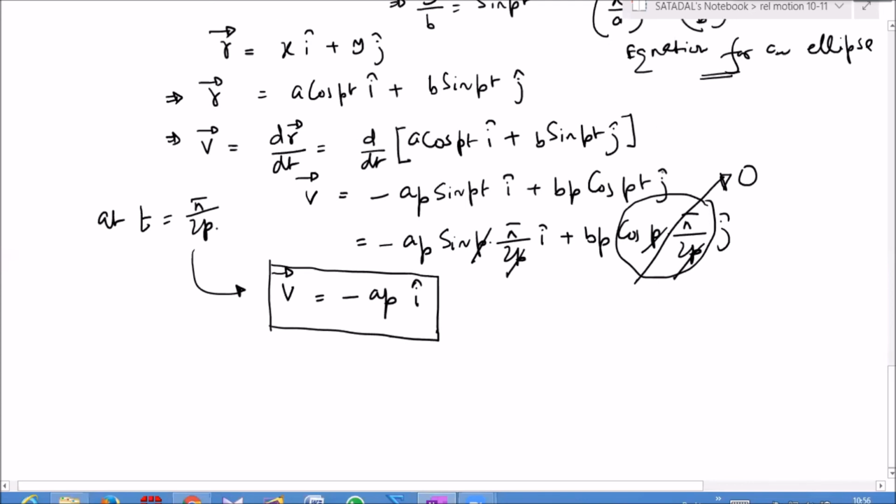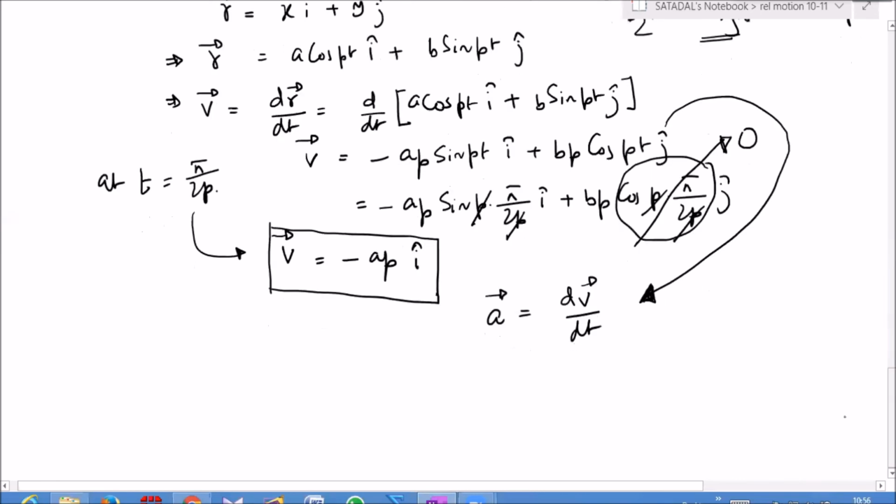Next, from this equation once again, if I write the vector acceleration, it's going to be dv vector by dt, right? So how much a vector are you going to get? That is equal to the differentiation of this term.